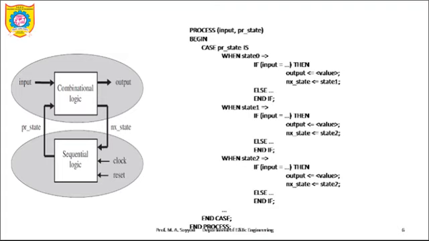From the present state and input, it is calculating the output as well as the next state. If I write a process for the upper part, it will depend upon the input and present state. Hence, in the sensitivity list of the process of the upper part, there will be two things: one is the input and another is the present state.